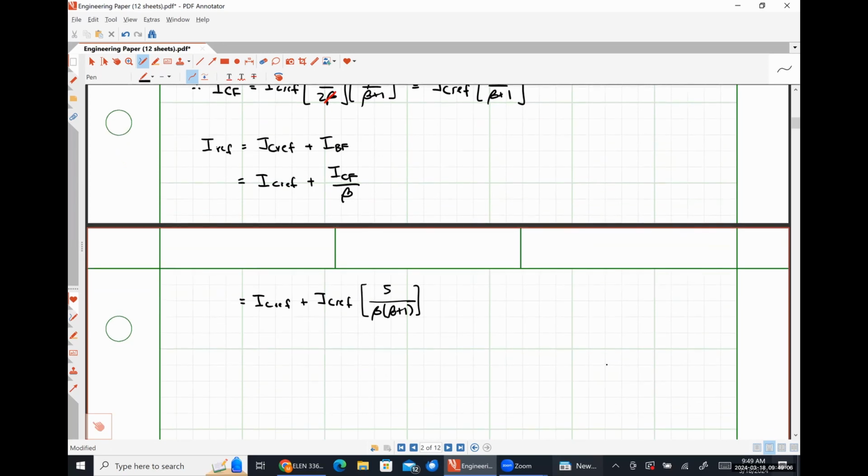Now I can lump those two terms together by multiplying the ICREF by itself by beta over beta plus 1 divided by beta over beta plus 1, so that I have a common denominator. So IREF is equal to ICREF times beta plus 1 plus 5, all over beta times beta plus 1.